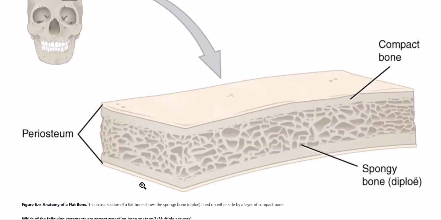On the inside, you have the brain deep to this, but there's a layer of periosteum on both sides. There's a layer of compact bone on both sides. And then there's a pretty good layer of spongy bone in the middle. This spongy bone middle has a special name called the diploe. That's a specialized word for you to know, but it is the spongy bone found in a flat bone.